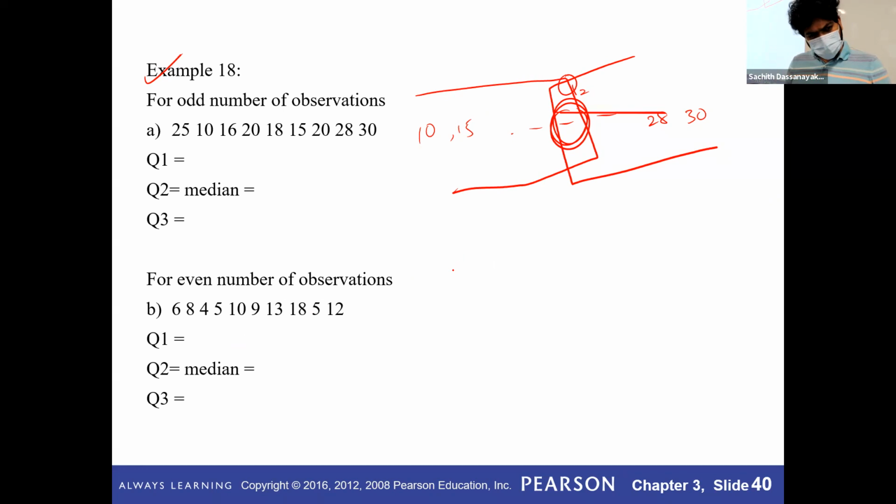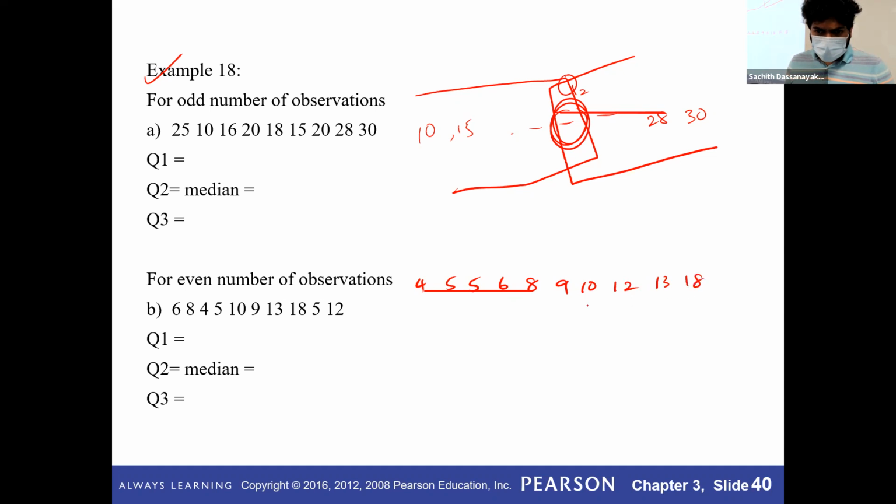I need to sort this one. Starting from 4, 4, 5, 5, 6, 6, 8, 8, 9, 10, 12, 13, 18.